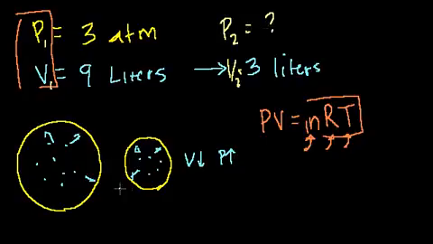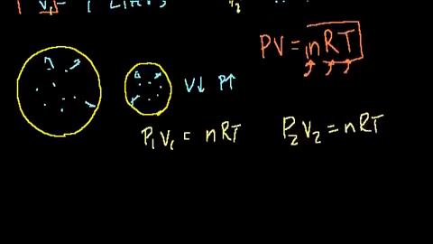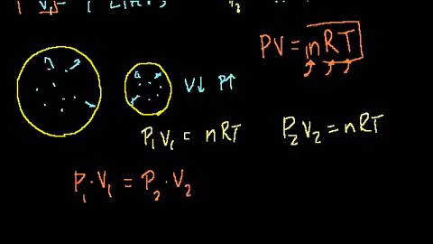We know that P1 times V1 is equal to nRT. And since temperature and the number of moles of our gas stay constant, P2 times V2 is also equal to nRT. Since they both equal the same thing, as long as the temperature is held constant, pressure times volume will be a constant. So P1 times V1 equals P2 times V2.